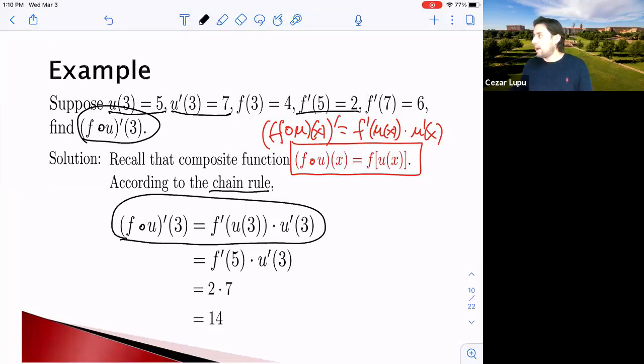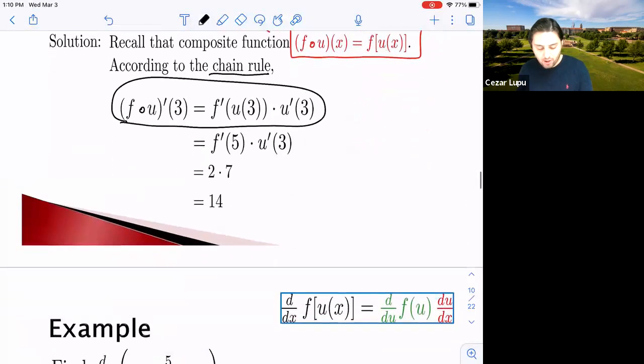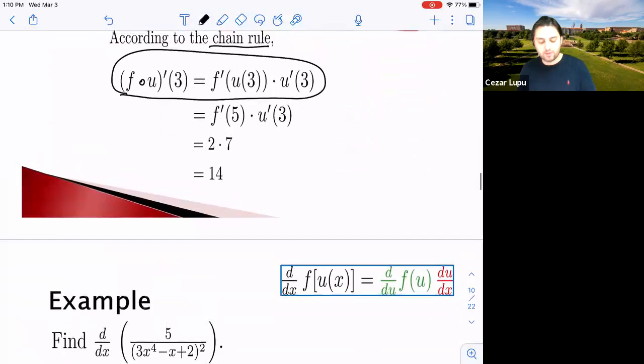All right, now let's see another example, which says the following, and I would like you to think of this guy. So we want to find the derivative of this.